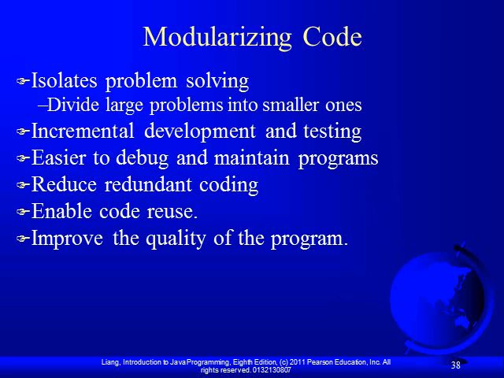They're easier to write because individual components can be individually written and tested. We can use methods developed from other programs that have already been tested, and new programs can use methods that we may have developed for this program. And modularized programs are easier to debug and maintain. So there's a lot of advantages to modularizing your programs.